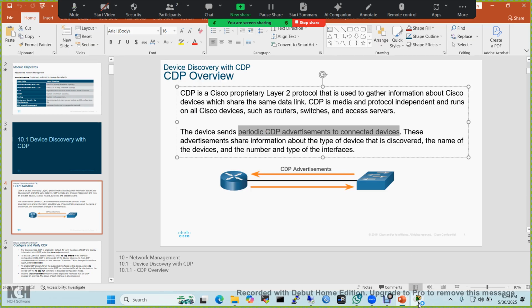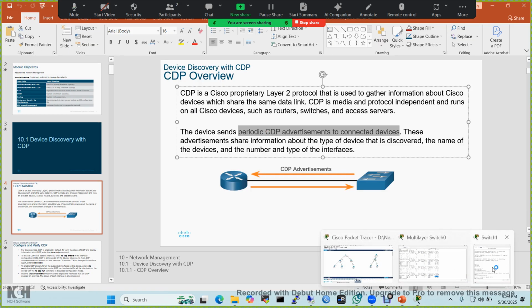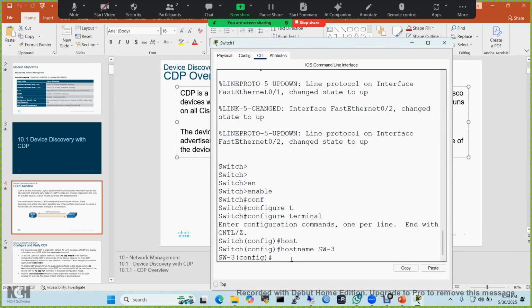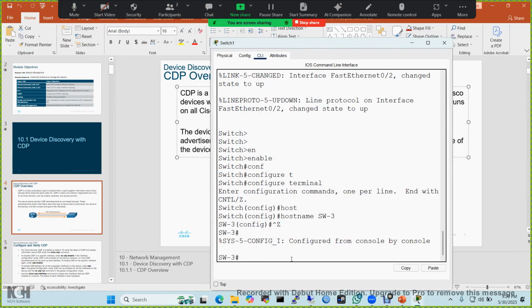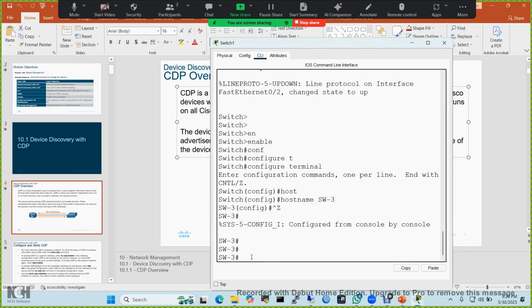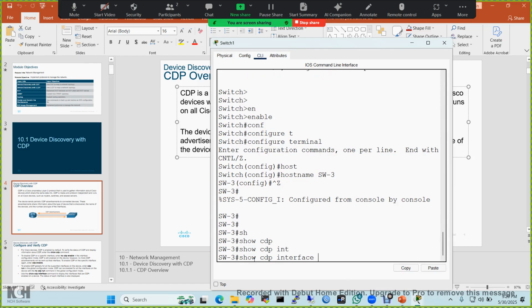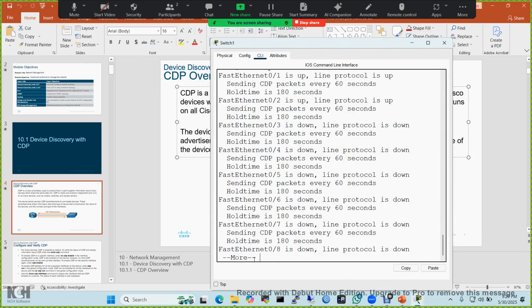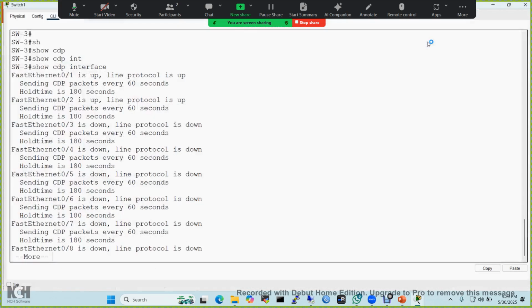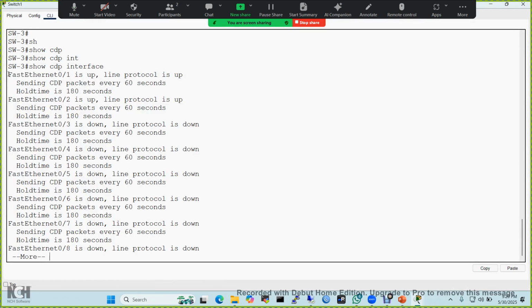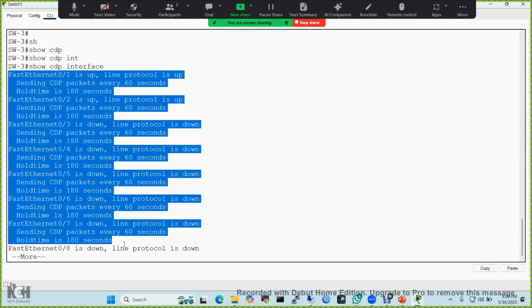Here, I am sharing it with you. On switch 3, if I run show cdp interface, you can check what the times are. All the interfaces are enabled for CDP by default on switches.